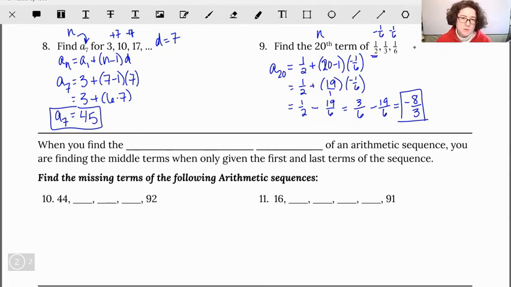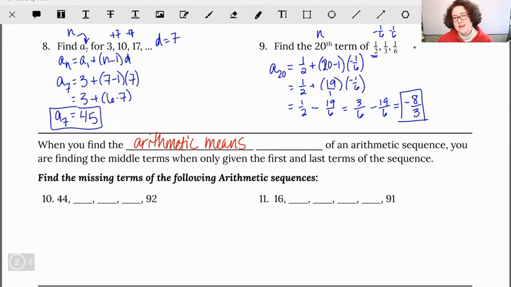Technically, when we're doing this, we're finding something called the arithmetic means. You've heard the word means before. When you find the mean of 2 numbers, what's another term for that?